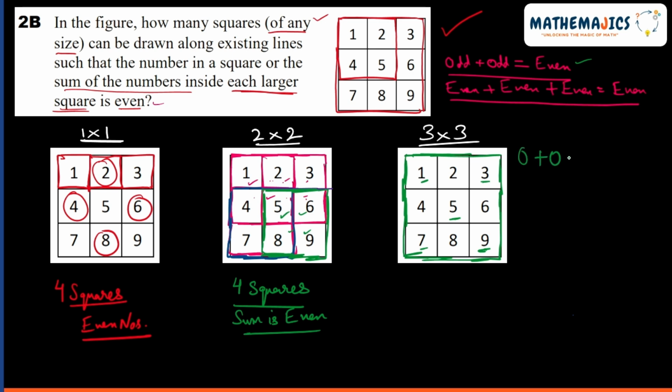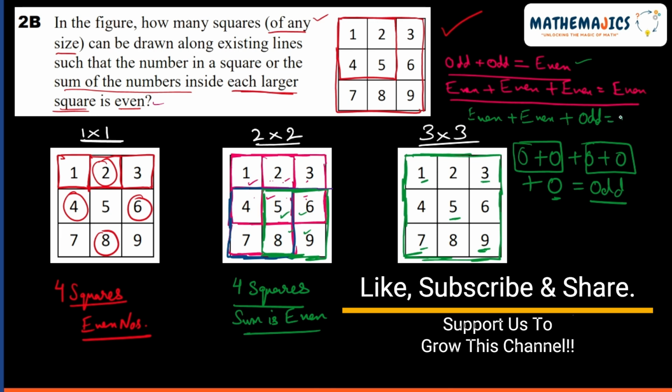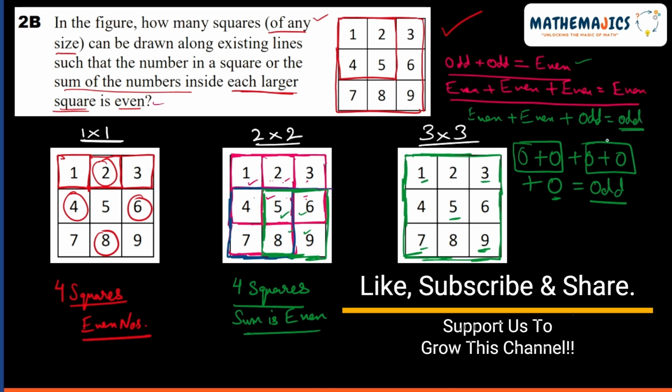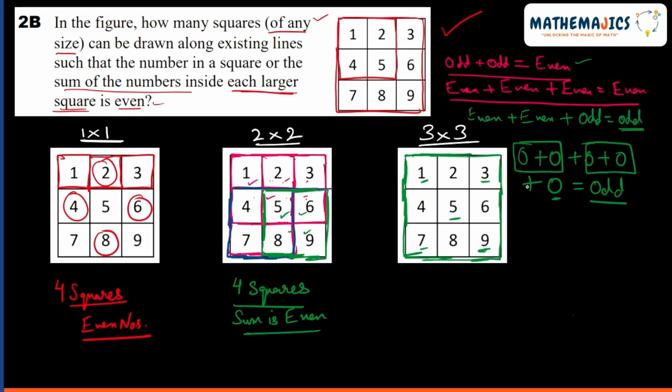Odd plus odd plus odd plus odd plus odd will give us an odd sum, not an even sum, because these will combine to give us even, but even plus even plus the odd number left out will give us an odd sum. Please remember this. So this is odd.